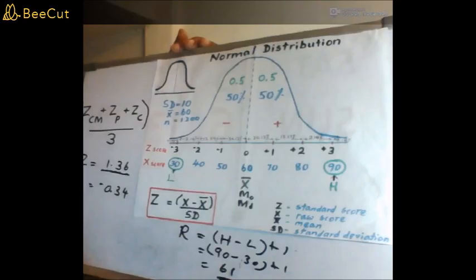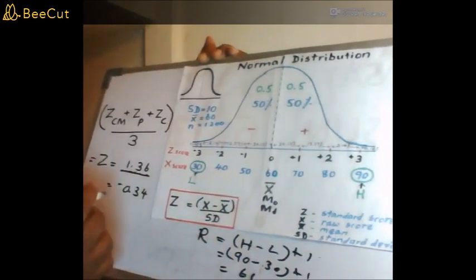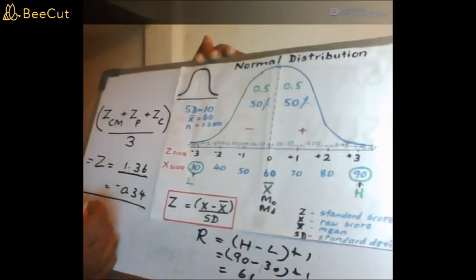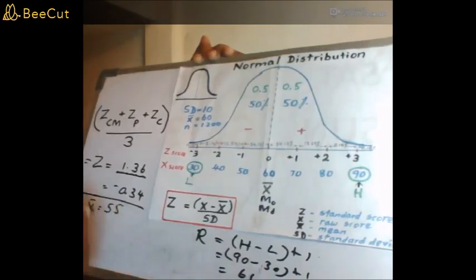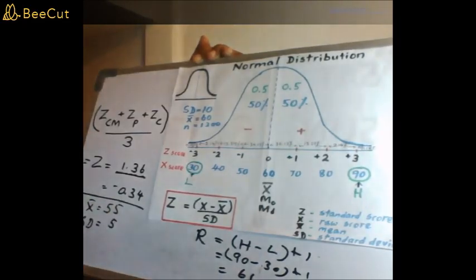Now tell me, x bar is 55. Standard deviation is 5. What is the highest value? X bar is 55.